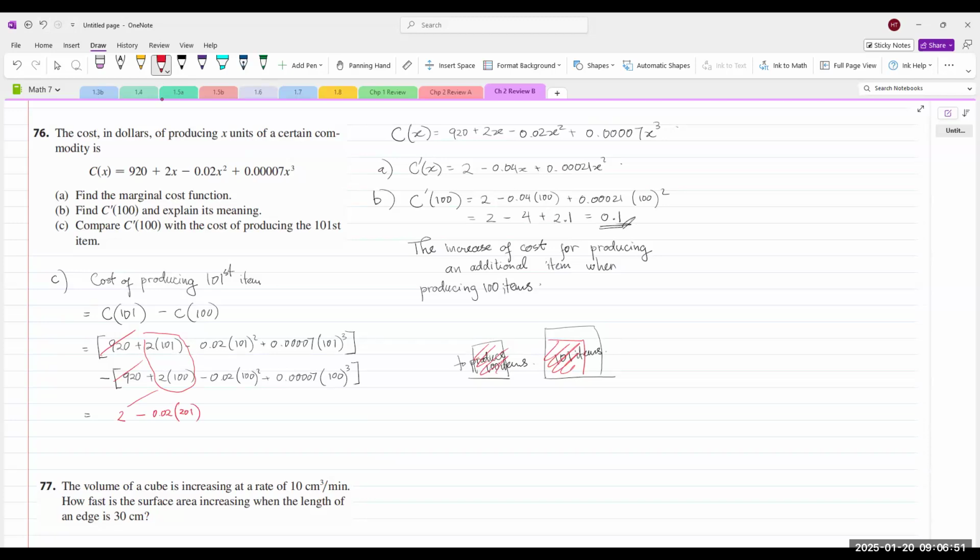And then plus 0.00007 times 101 cubed minus 100 cubed. So at least now I localize what I need to compute, huh?